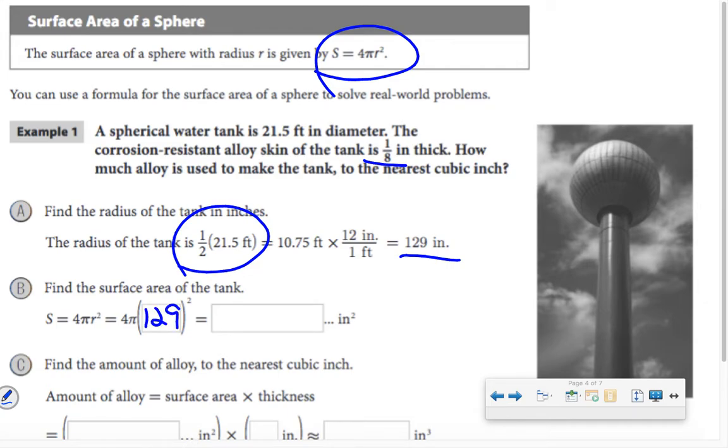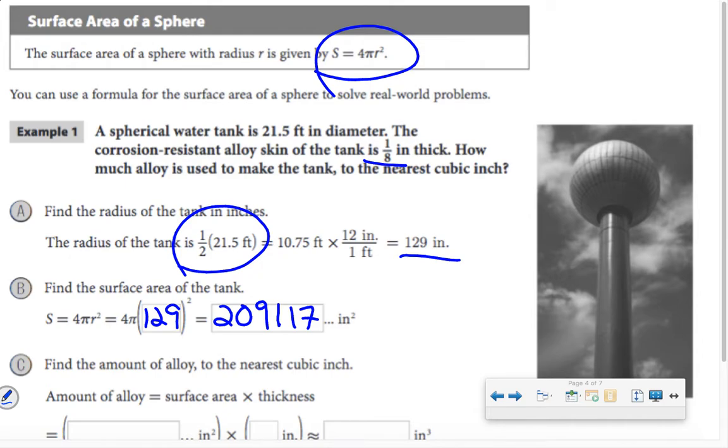And so in my calculator now, I have 129 squared times 4 times pi, giving me approximately 209,117 square inches. Then it says to find the amount of alloy to the nearest cubic inch.